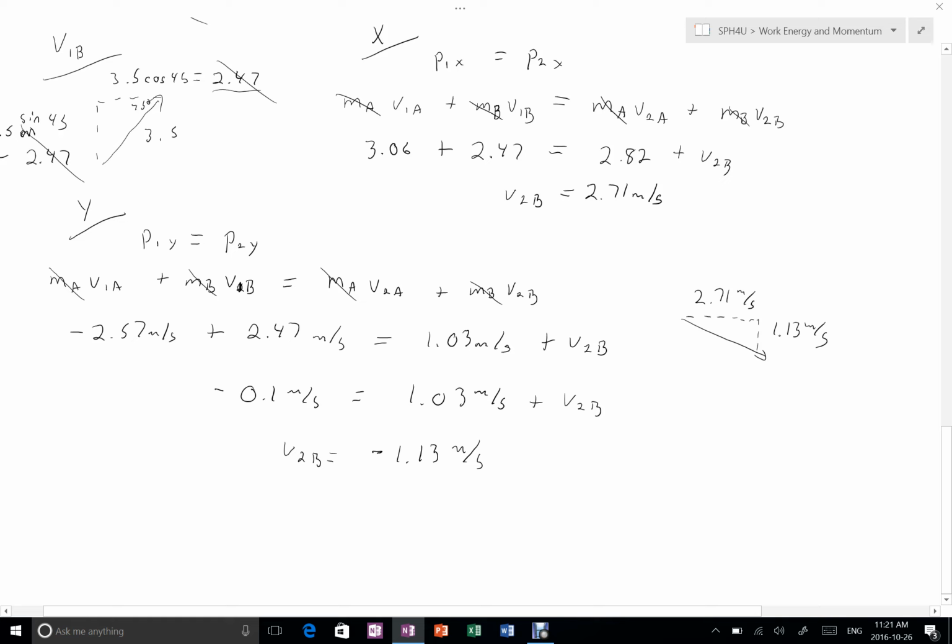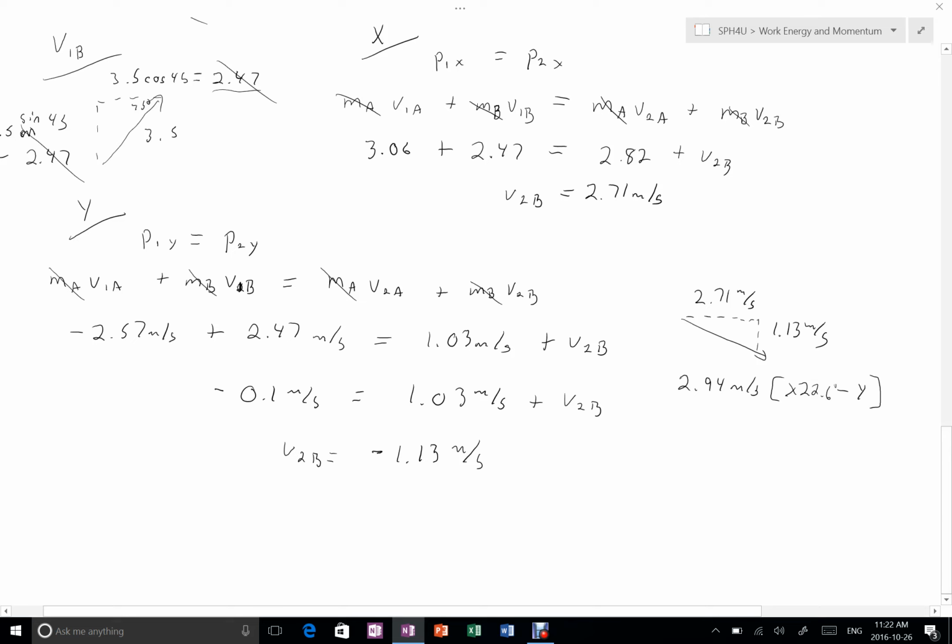2.71 squared plus 1.13 squared, square root, 2.94. For the angle, 1.13 divided by 2.71, inverse tan, 22.6 degrees.